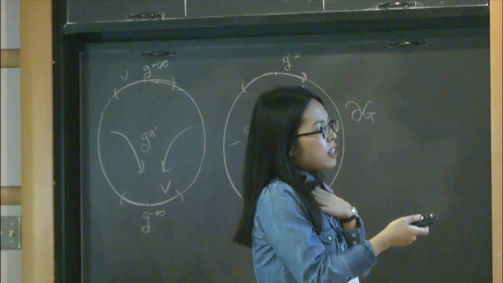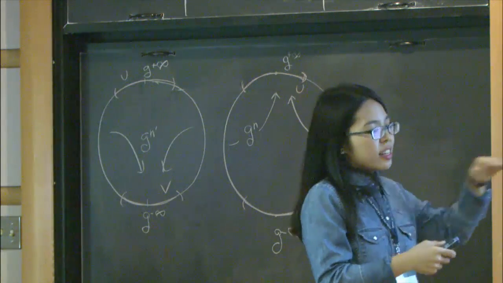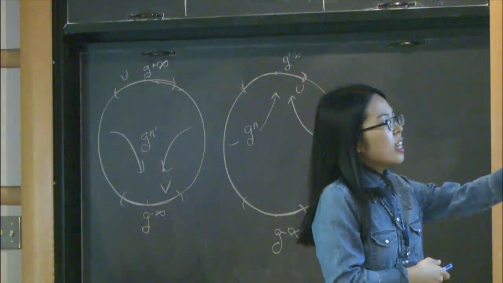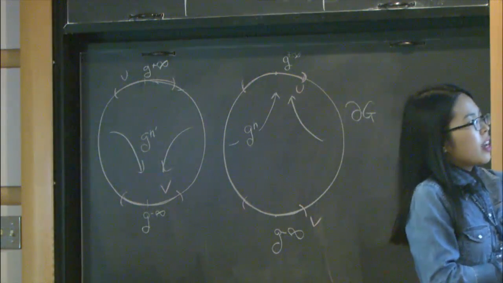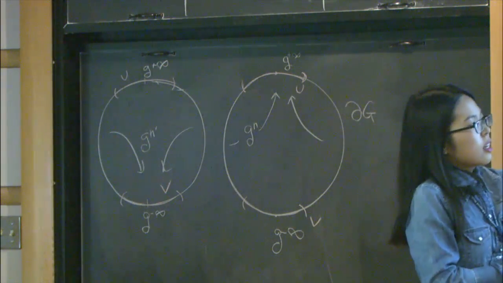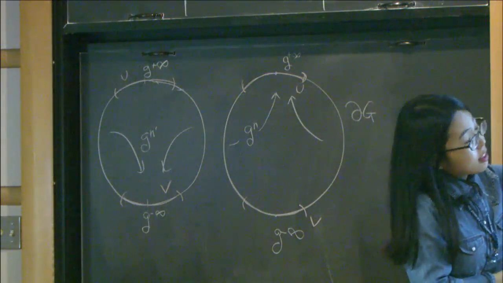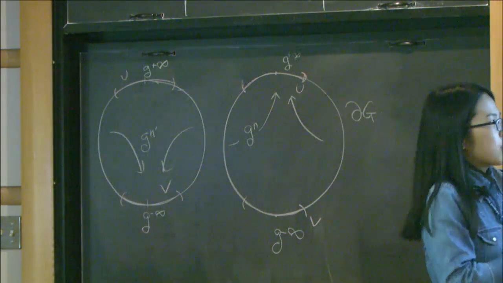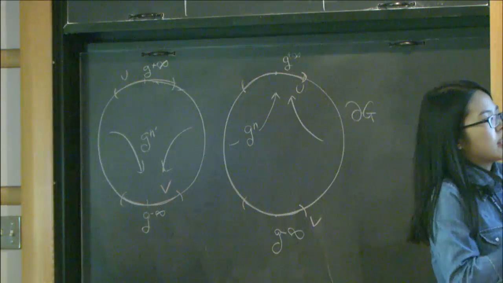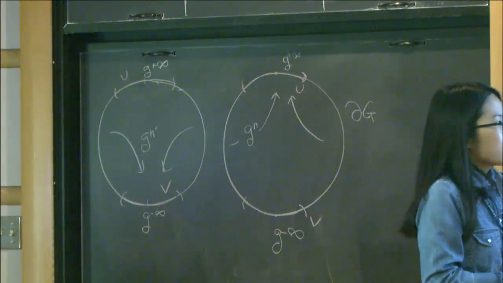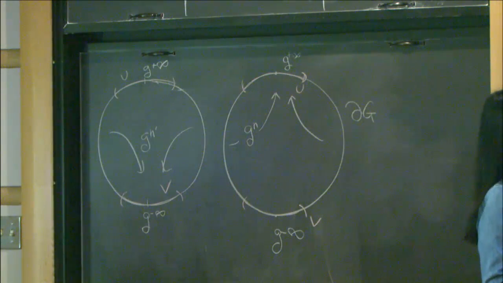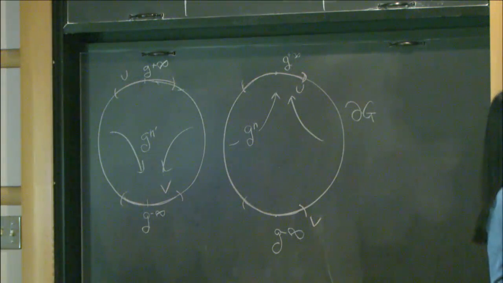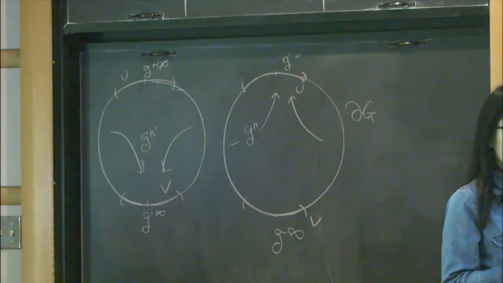The first condition is for any non-trivial element in K, if it acts on A, then it is contained in B. And for any non-trivial element in H, if it acts on B, then it contains A. Then the conclusion is the subgroup generated by H and K is a free product of H and K.